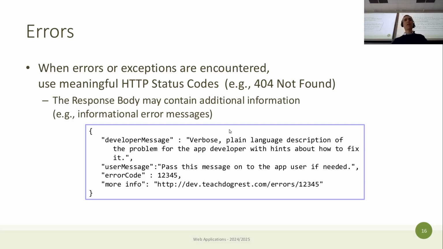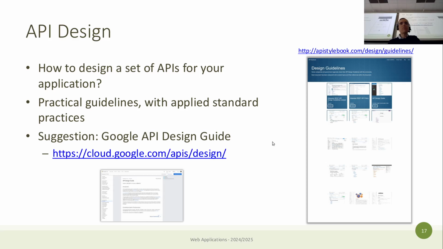So API design is a bit difficult. It's one of the things that are evaluated at the exam, but also, as I told you, it's the way in which we start building the application.